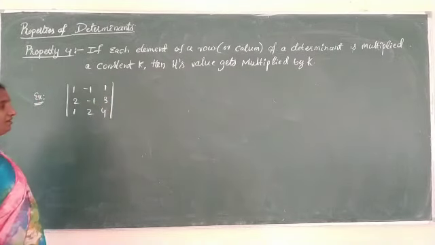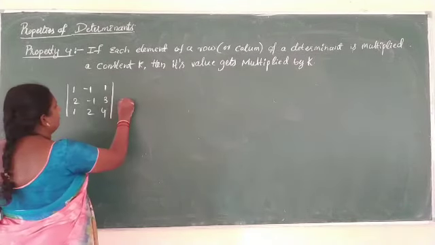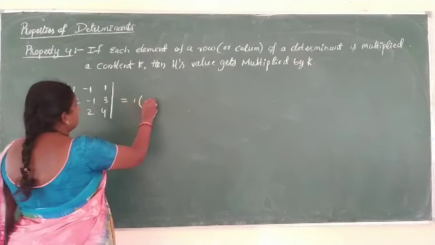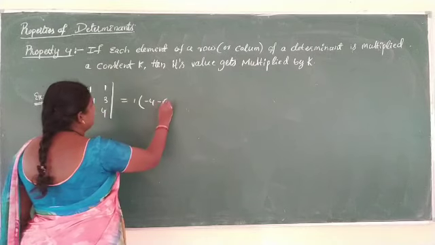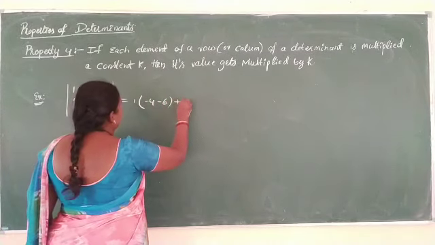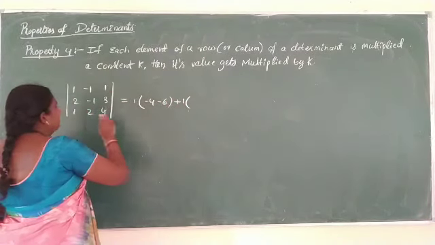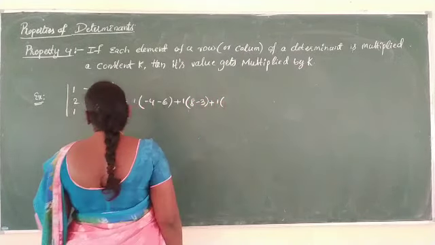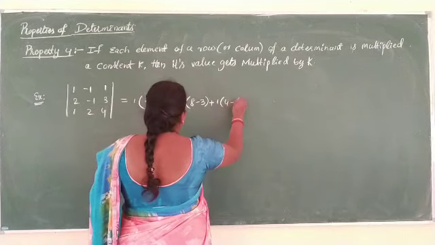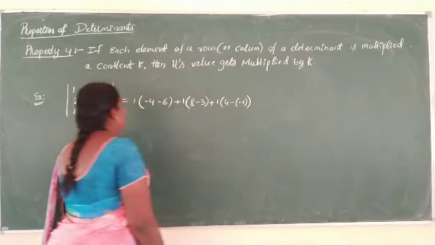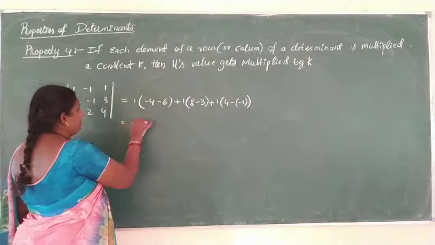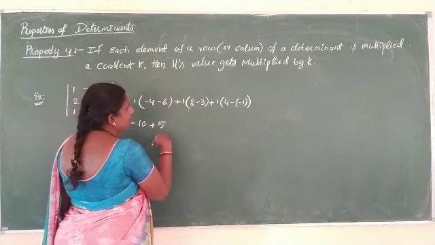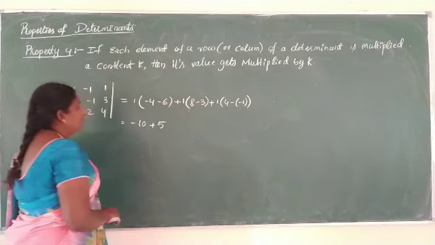First find this determinant value. 1 into (-4 minus 6), next plus 1 into (8 minus 3), next plus 1 into (4 minus of -1). Find this value: -10 plus 5 plus 5. We got 0, no?